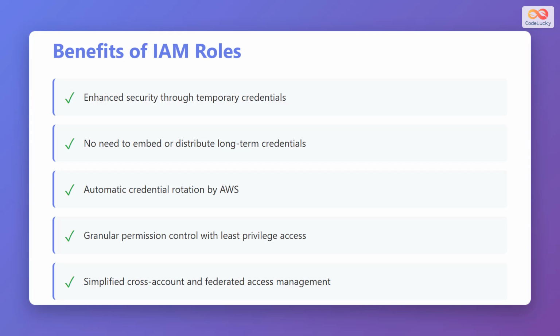Fourth, roles enable granular permission control, allowing you to implement the principle of least privilege by granting only the permissions needed for specific tasks. And fifth, roles simplify cross-account and federated access management, making it easier to collaborate across organizational boundaries securely. These benefits make IAM roles a cornerstone of AWS security best practices.